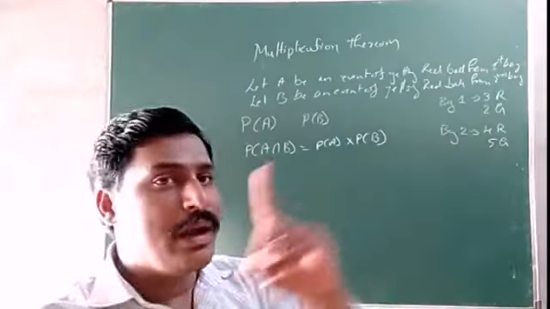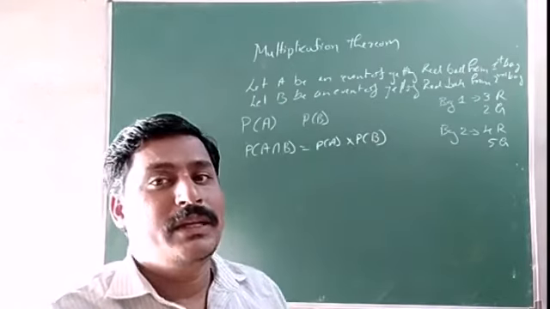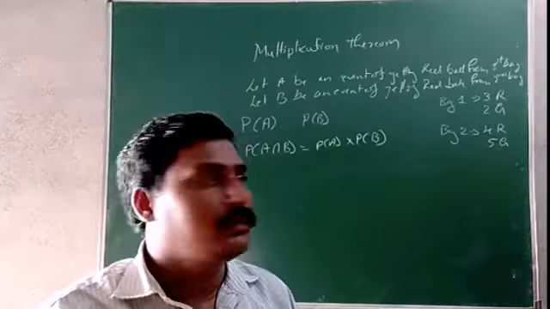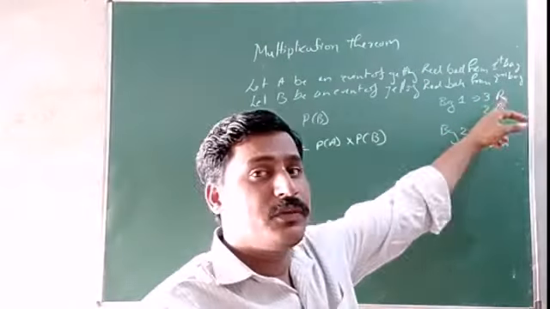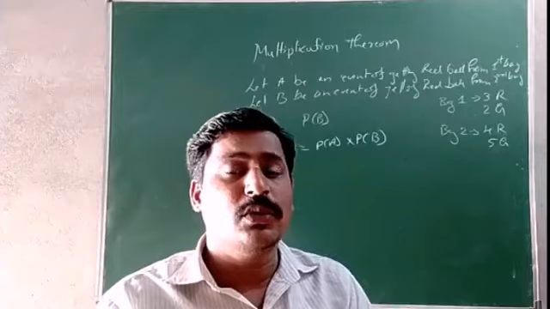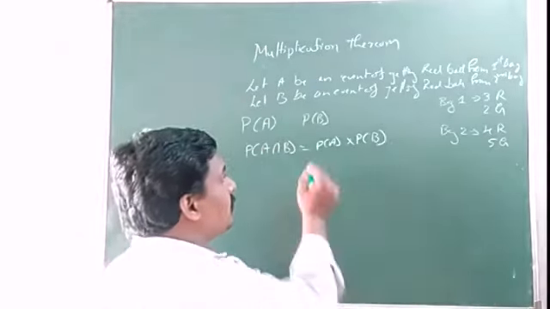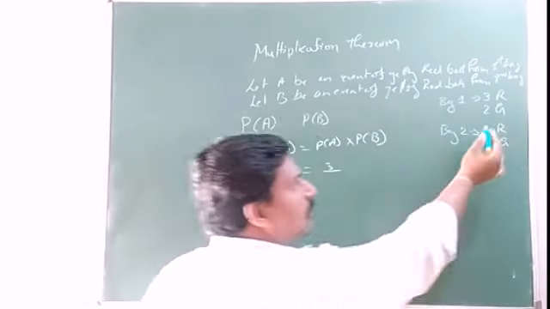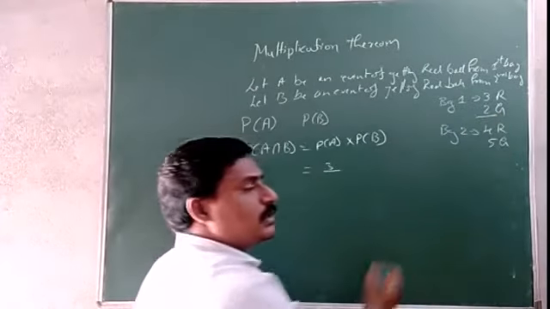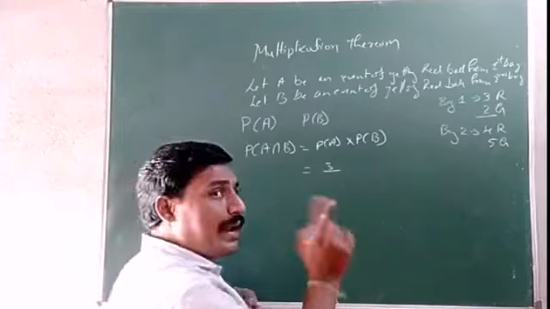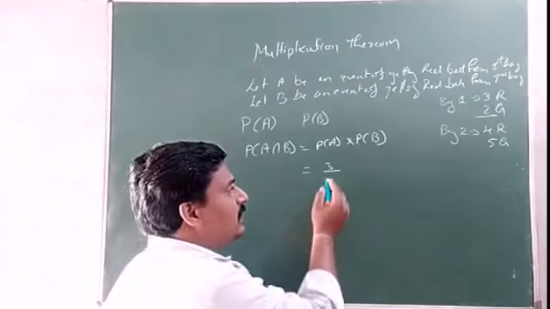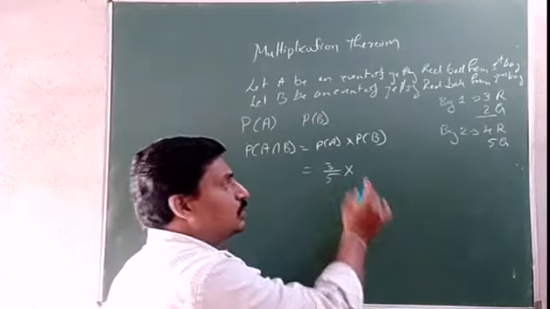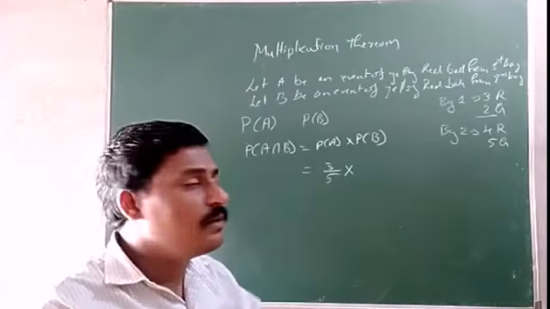So what is the probability of getting a red ball from the first bag? Only one ball we are picking. So in 3C1 ways we can select one ball, that is 3 red balls out of 3. So 3C1 ways means only 3. So P of A is equal to 3 divided by total balls in the first bag, 3 plus 2, 5 balls. So one ball out of 5 balls is 5C1 ways, that is 5 itself, and into the red ball from the second bag.